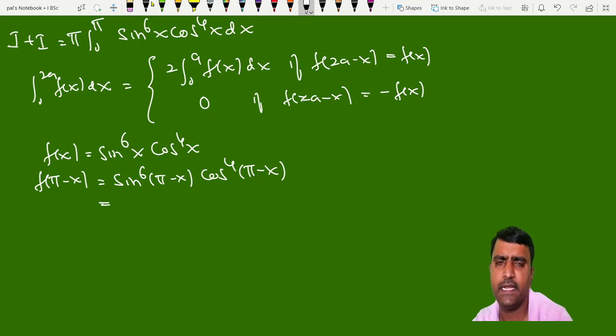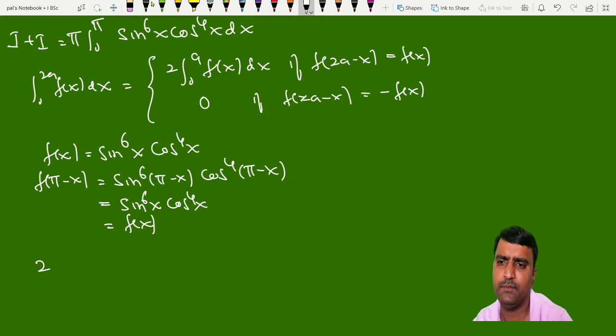Sine of 180 minus theta is sine theta, so it is sine to the power 6x. Cos of 180 minus theta is actually minus cos theta, but power 4 is there, so multiplying minus 4 times gives a positive value: cos to the power 4x. So it is the same as f of x, and we can use this first result.